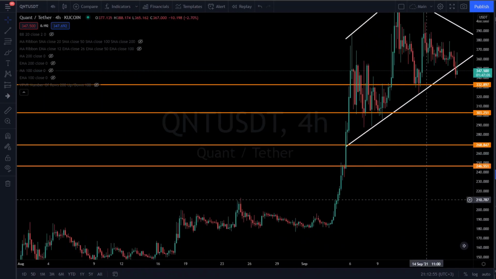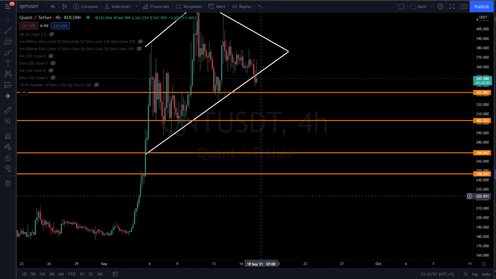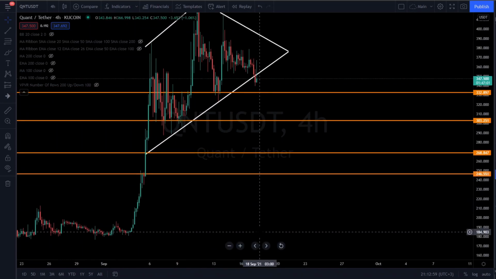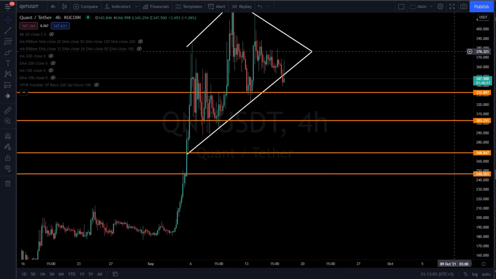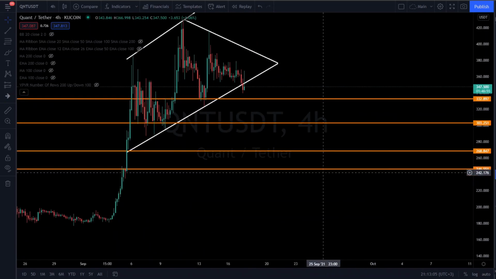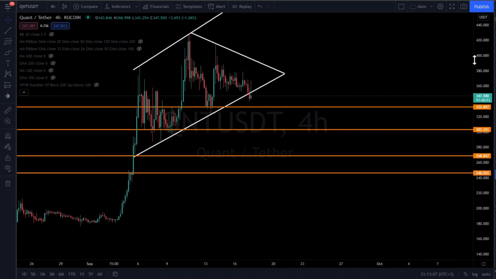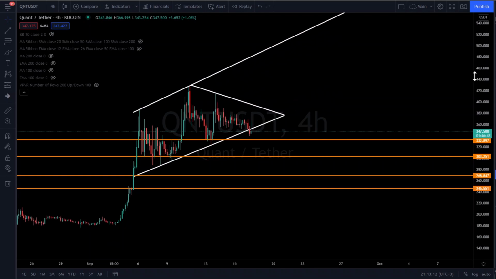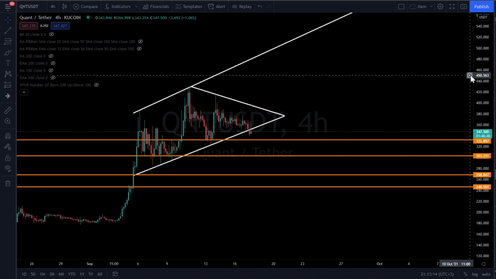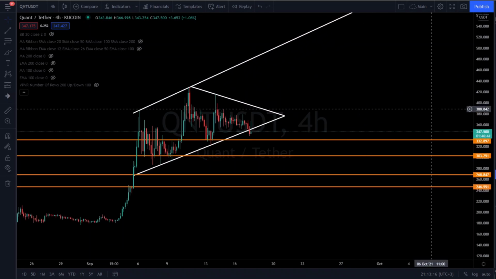And after that we are looking at $250, and after that we're looking at getting back down to where we started. But don't worry, I don't think we are going to go back where we started. I think we are still due all-time highs here, but we might just have to wait for them a little longer.